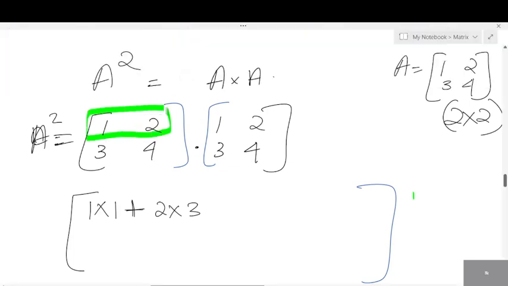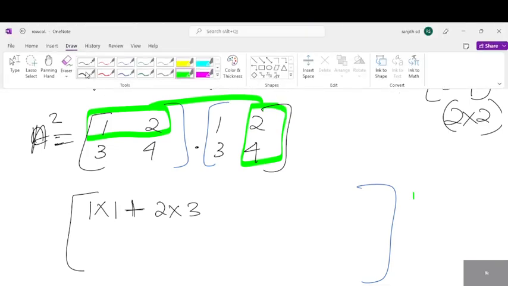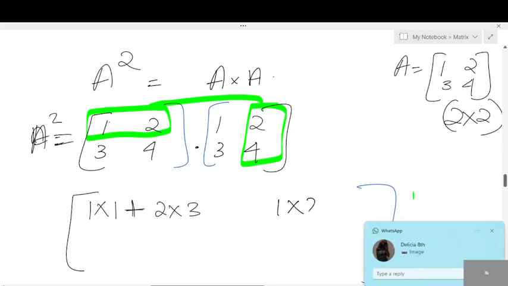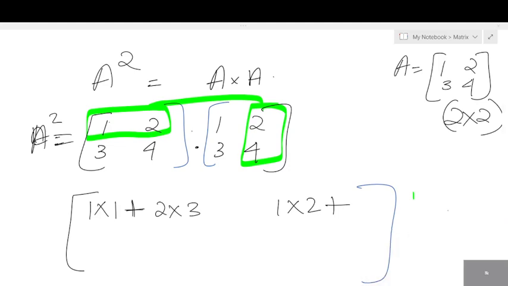Take the first row, multiply with the second column. Tell me which two I have to multiply now. Tell me which one I have to multiply, students. 1 into 2 plus, I think it will be very confusing.